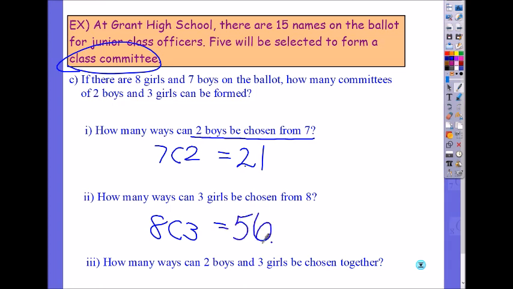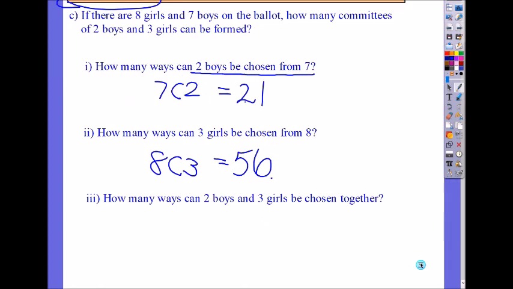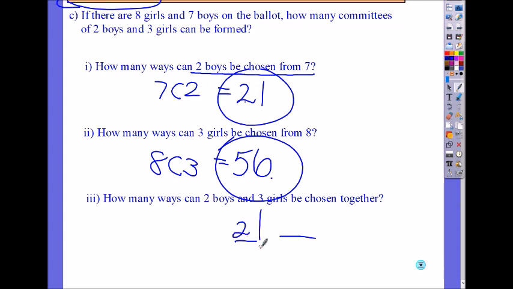So now, that wasn't the question, right? The question was how many ways 2 boys and 3 girls can be chosen together. Now, what do you do with these 2? Multiply. Now, it comes back to the basic counting principle. There are 2 events, boys and girls, and there are 21 outcomes for boys and 56 for girls.